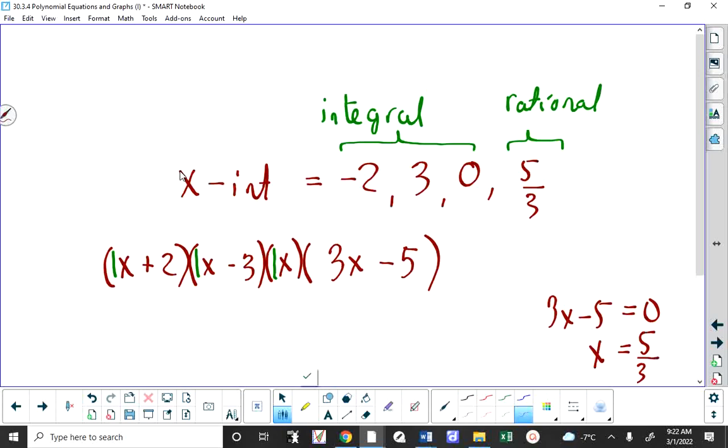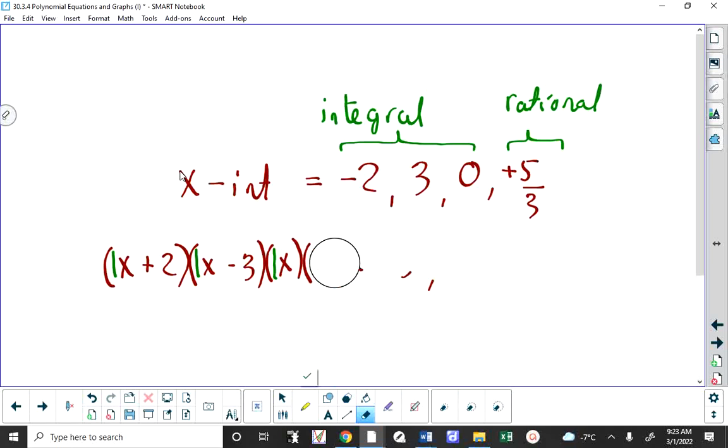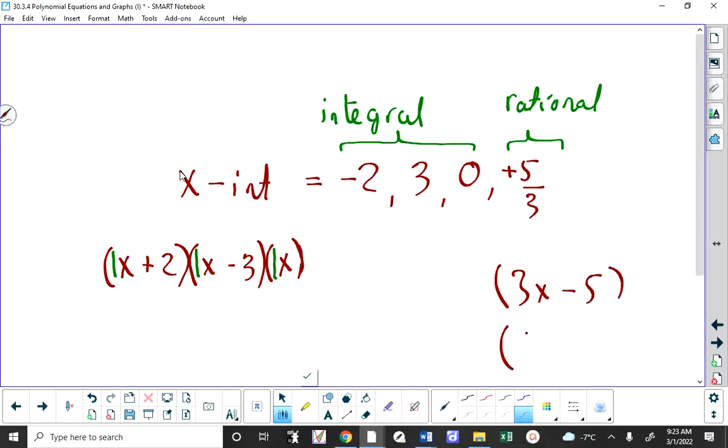I don't know what to tell you here. You need to know how to connect that factor to that 0 and vice versa. You know, I mean, I think it's pretty clear that when you have a positive 0, you're dealing with a negative number in the binomial, the negative in front of the constant term. The advice I've given people in the past is you look at that 0 of 5/3, and I think everybody here knows that that means it's going to be either 3x minus 5 or 5x minus 3.